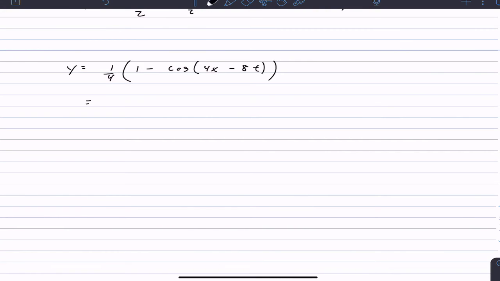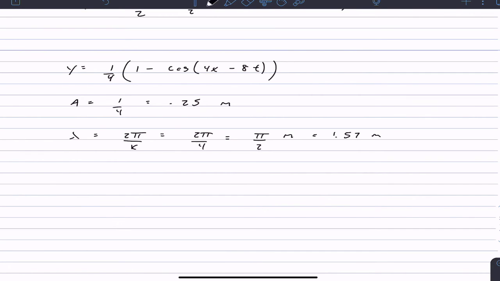So amplitude is equal to 1/4, which is 0.25 meters. And then lambda, wavelength, is equal to 2 pi over k, where k in this case is 4. 2 pi over 4 is equal to pi over 2 meters. You could also say that's 1.57 meters.